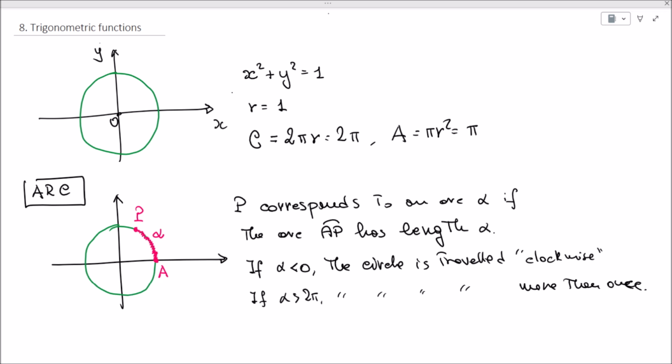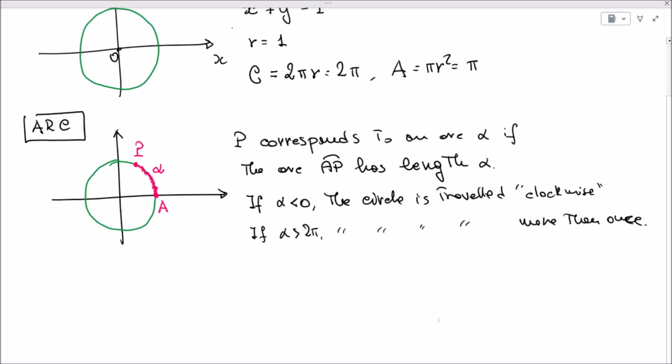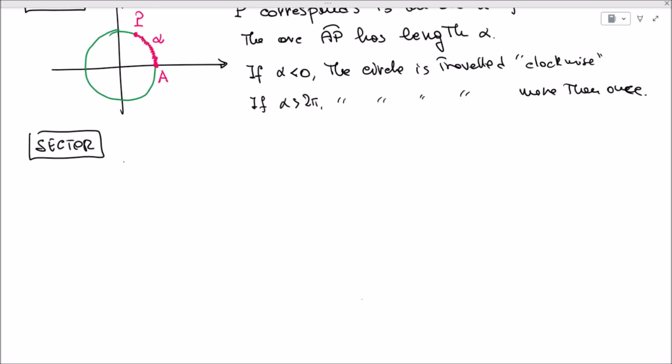Okay, so we have now a correspondence between the point P on the unit circle and the arc, and we can establish a similar correspondence with the circular sector. So this is the unit circle.